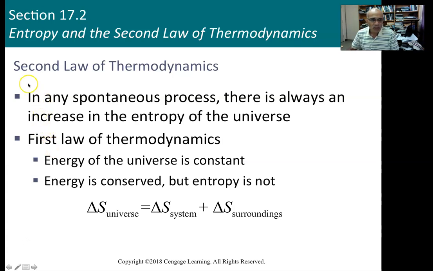This comes into the second law of thermodynamics. It says that in any spontaneous process, there is always an increase in entropy. The entropy of the universe is actually the sum of the entropy of the system and the surroundings.